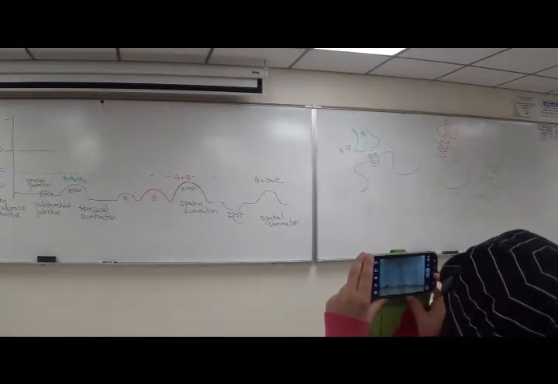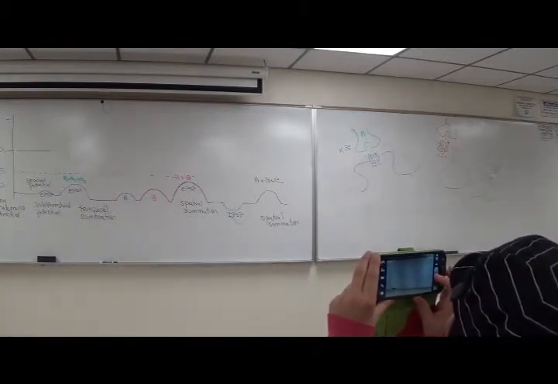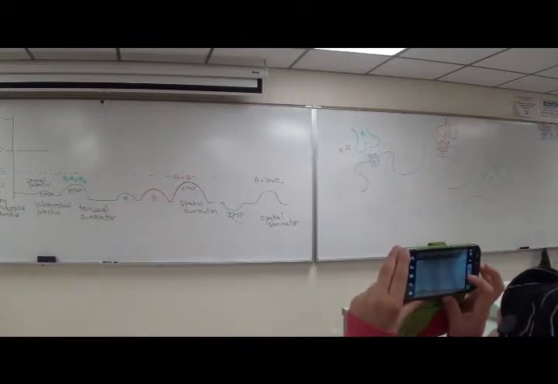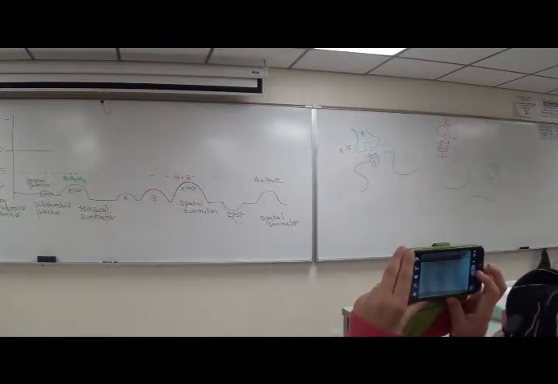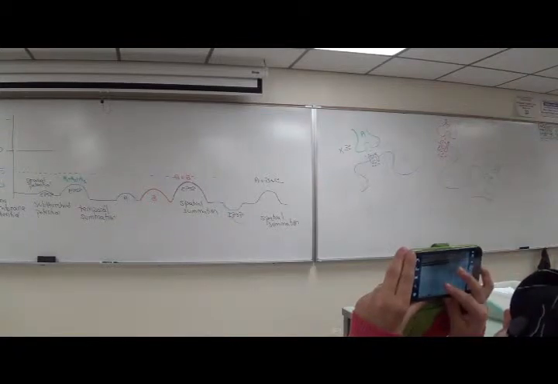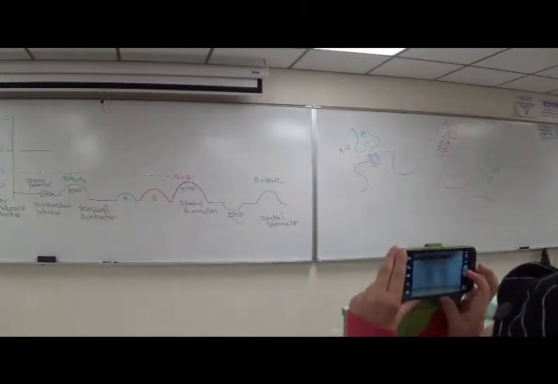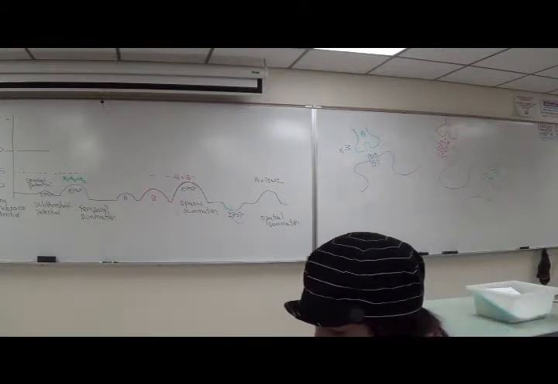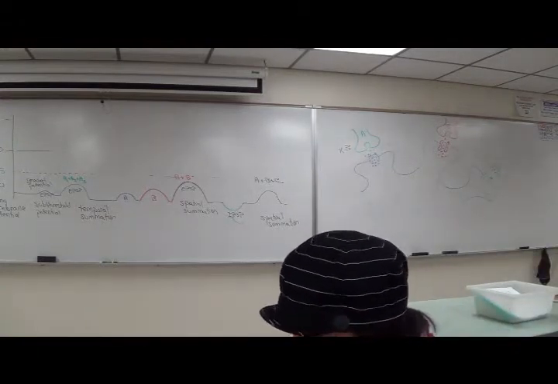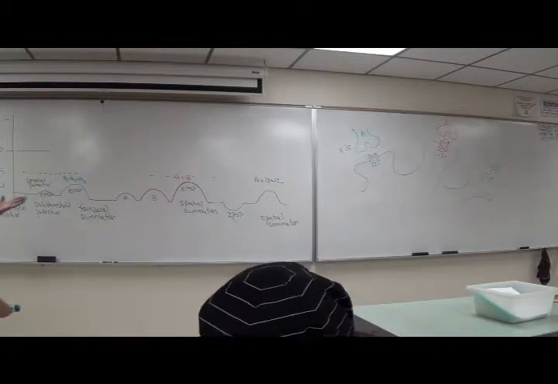Okay, so all of these events that I've shown you are still graded potentials. Okay, very short. They are not self-perpetuating. They can be of different degrees of depolarization, different degrees of hyperpolarization. Okay, any questions on these?